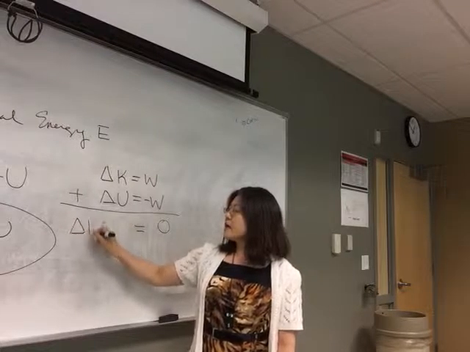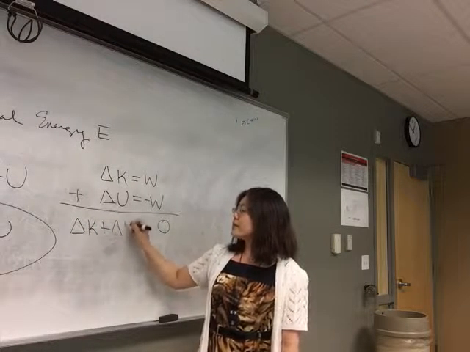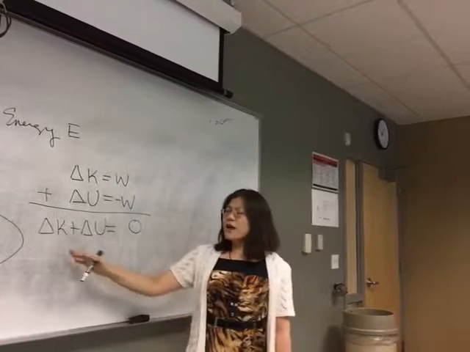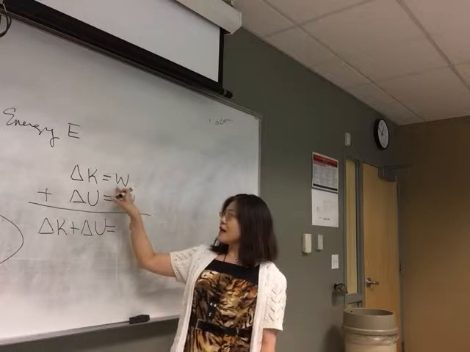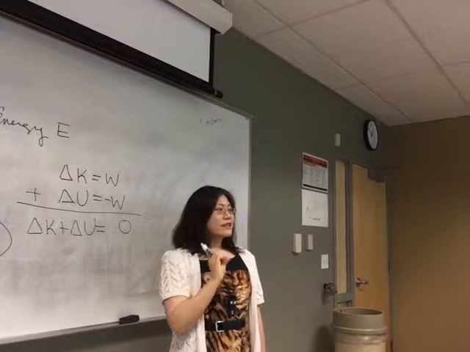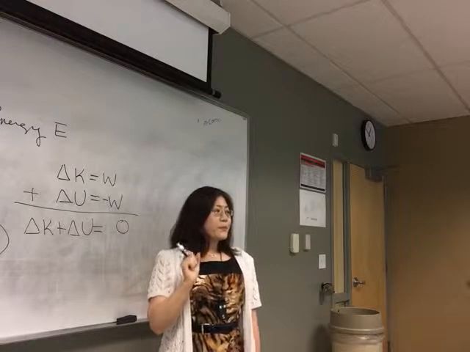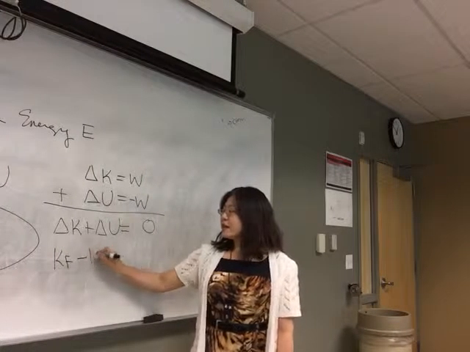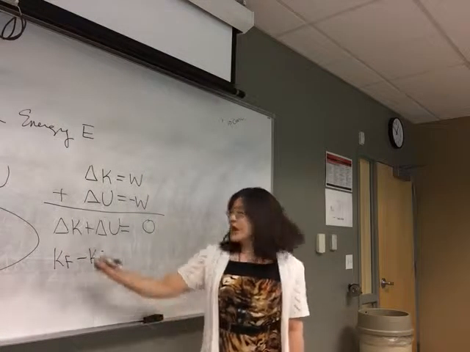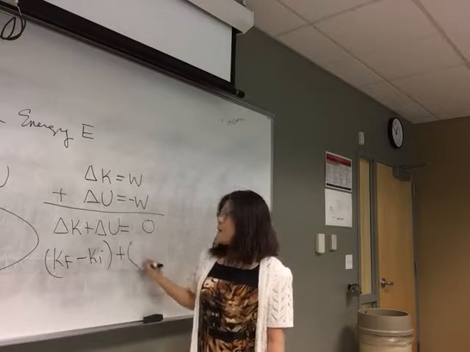We have delta K plus delta U, right? And what is the definition of delta K? We know that it's W, but in terms of the definition of delta, what is delta? Final kinetic energy minus initial kinetic energy, right? So that's your delta K. Now, what about your delta U?